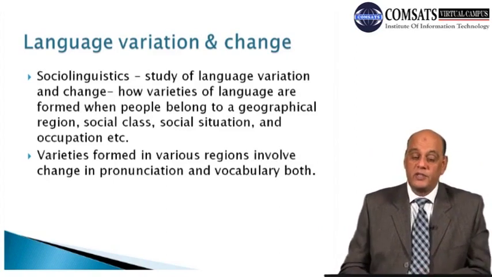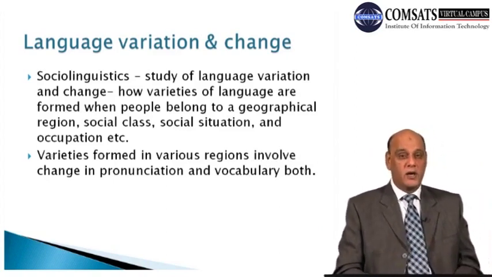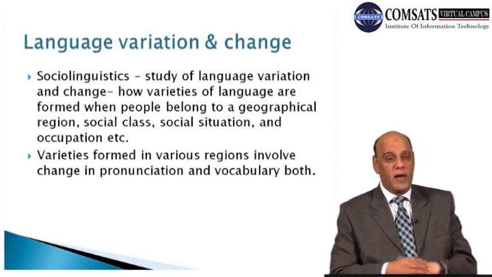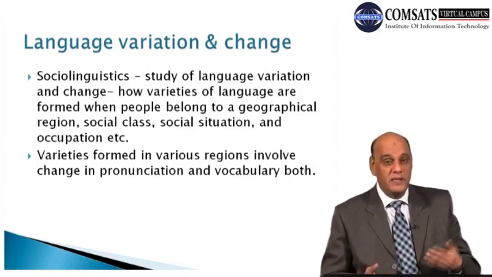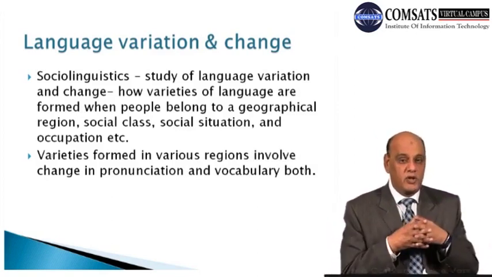Varieties formed in various regions involve change in pronunciation and vocabulary both. In various regions it has been observed that there are different varieties, and they involve change in pronunciation.